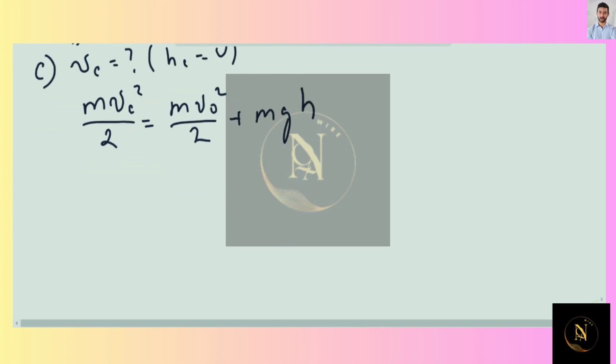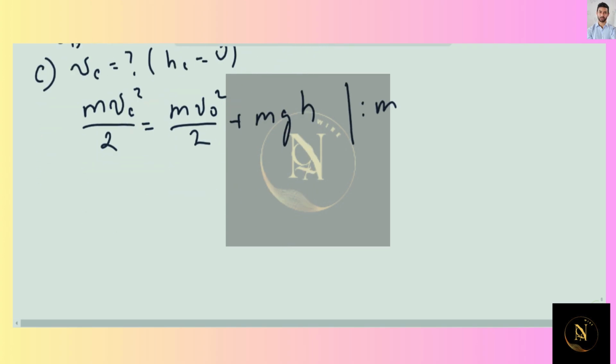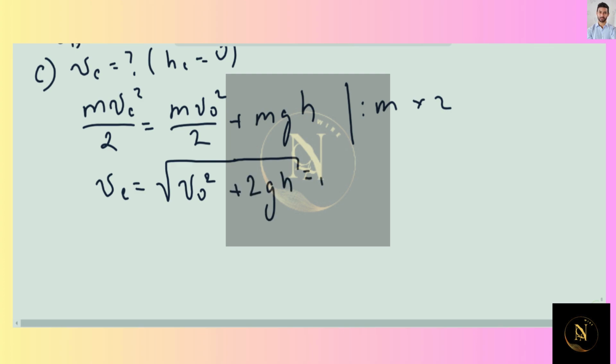So again, we can get rid of the mass and multiply the equation by 2. So the velocity at point C becomes the square root of the squared initial velocity plus 2gh.